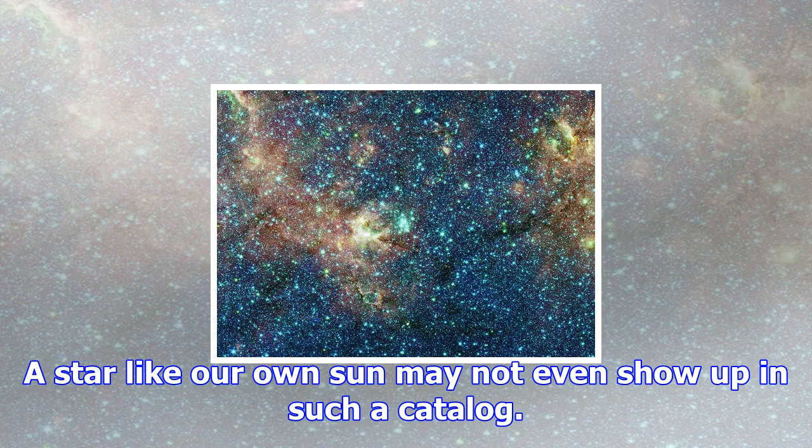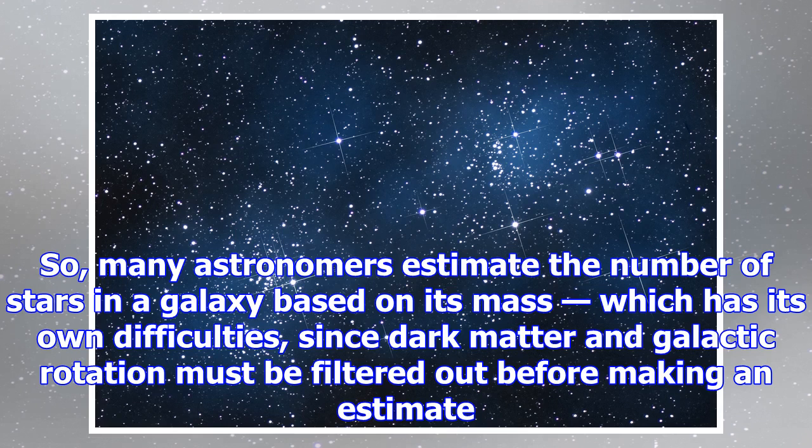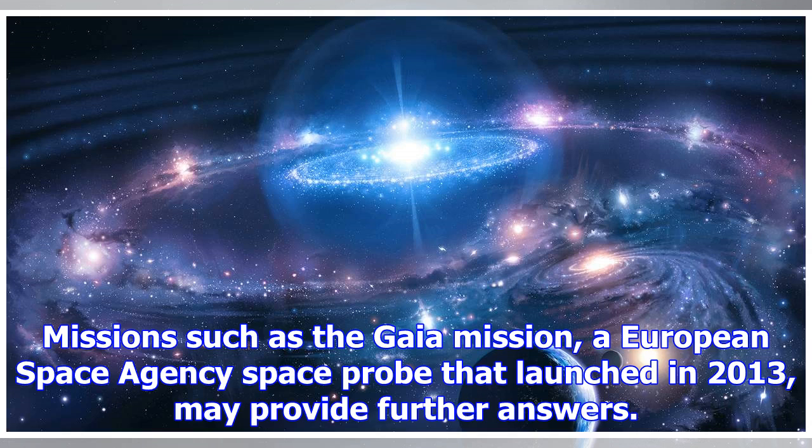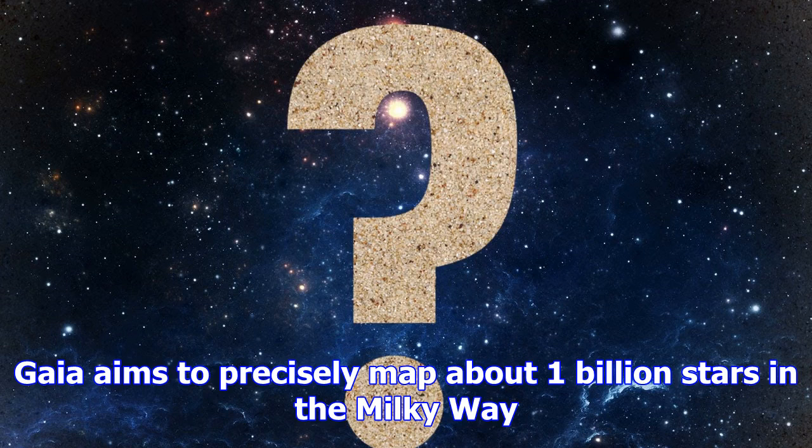So, many astronomers estimate the number of stars in a galaxy based on its mass, which has its own difficulties, since dark matter and galactic rotation must be filtered out before making an estimate. Missions such as the Gaia mission, a European Space Agency space probe that launched in 2013, may provide further answers. Gaia aims to precisely map about 1 billion stars in the Milky Way.